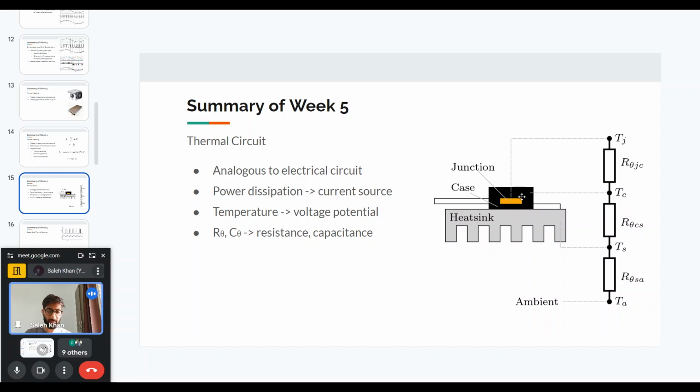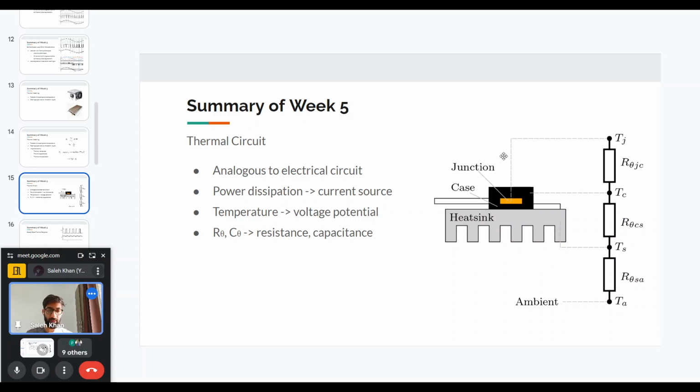At the junction, which is the semiconductor chip point, the junction temperature is the temperature that we want to limit. We want to limit it to the maximum temperature that will be given in the data sheet. Then we will have the case temperature, which would be less than the junction temperature. It will be connected via some thermal resistance or thermal impedance to the heat sink, and the heat sink will be in touch with the ambient temperature, and it will radiate heat to the ambient, and it will have its own thermal resistance.